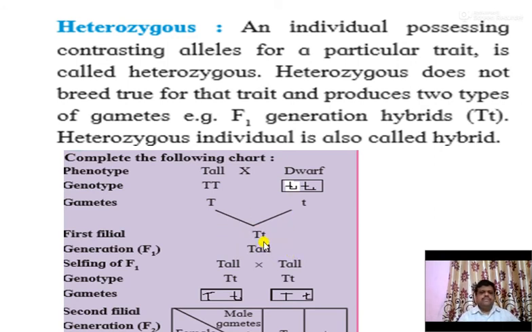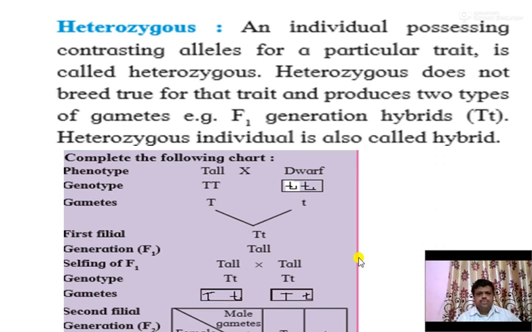After selfing in the F1 generation, in the F2 generation the phenotypic ratio is 3 to 1, that is 3 tall plants and 1 dwarf plant. The genotypic ratio is 1 pure tall plant, 2 heterozygous tall plants and 1 dwarf plant. So in F2, the genotypic ratio is 1:2:1, while the phenotypic ratio is 3:1 for the monohybrid cross of Mendel.